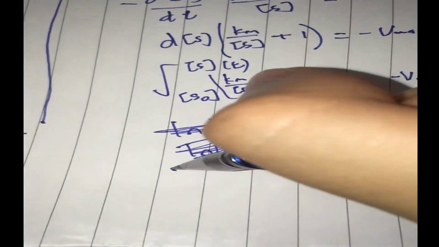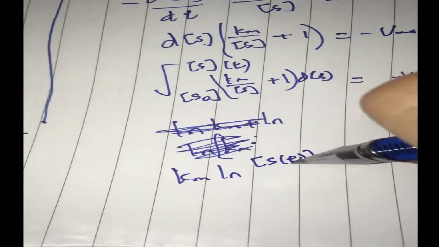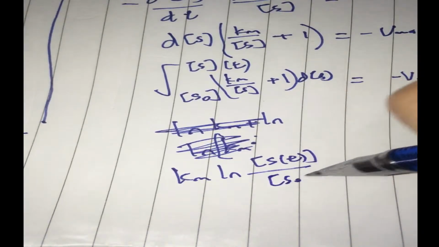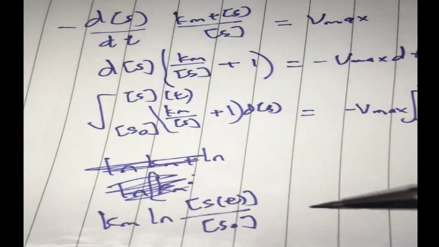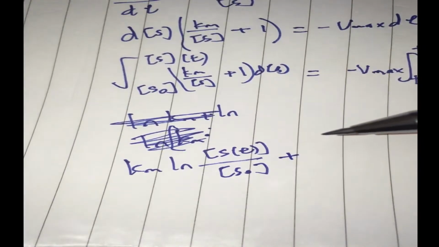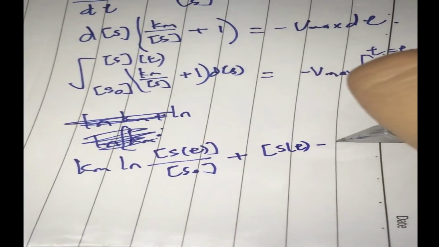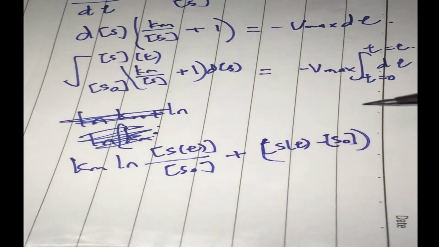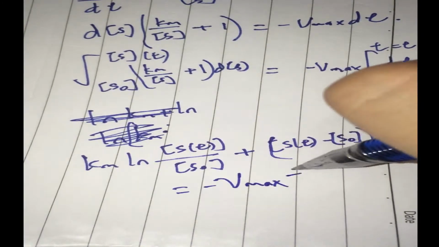So Km ln S at the time T over S0, plus S at the time T minus S0, and you get Vmax into T.